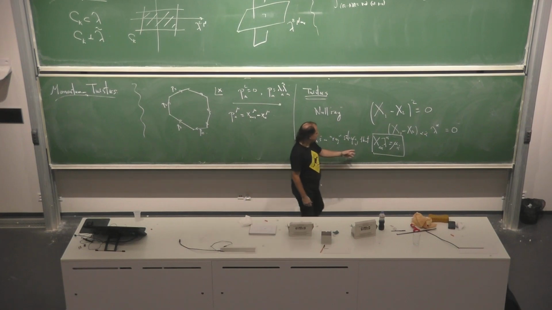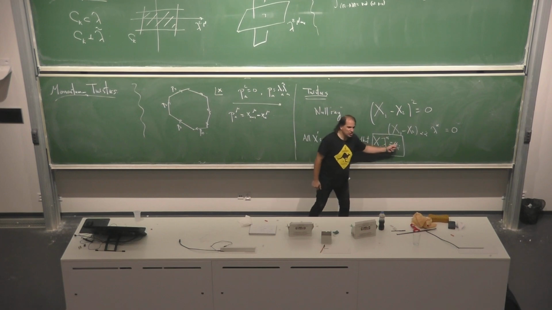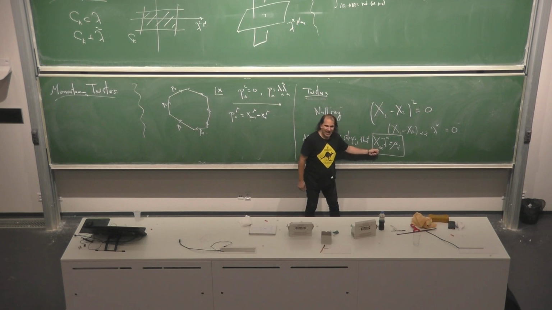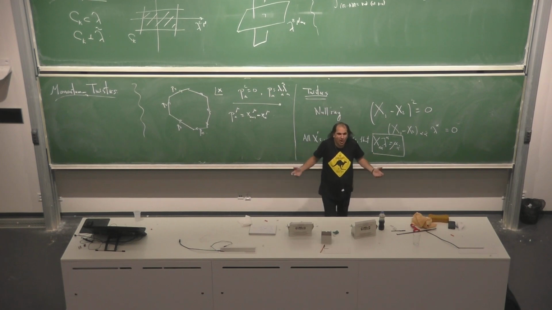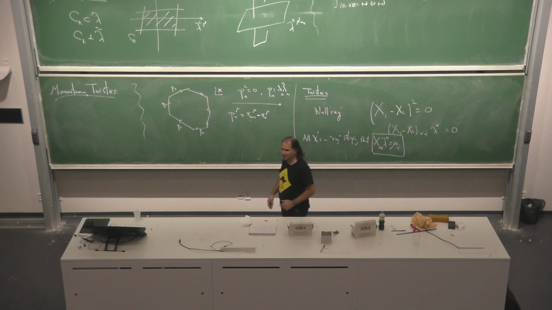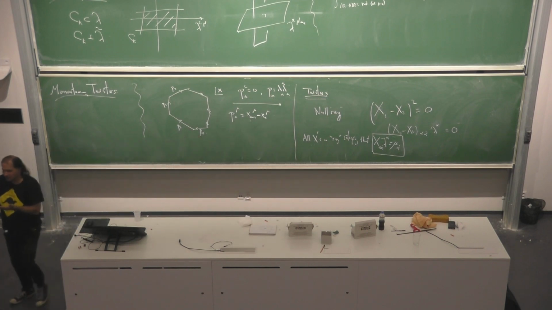So what is this? This is two equations, for the alpha equals 1 and alpha equals 2 components, on a four-dimensional space of x's. So this is a two-plane in 4 dimensions. Is that clear? And that's what a null ray looks like in 2,2 signature. A null ray is a two-plane in 4 dimensions.